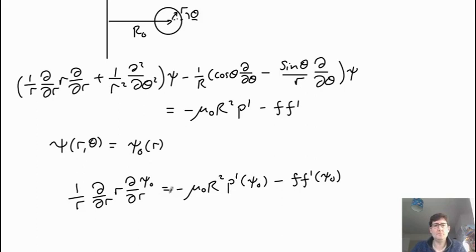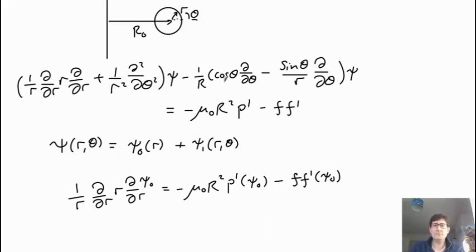What we'll show in this video is that this zeroth order solution can be corrected. You can add an extra first order correction, psi 1, which is a function of r and theta. There are various ways of doing this.